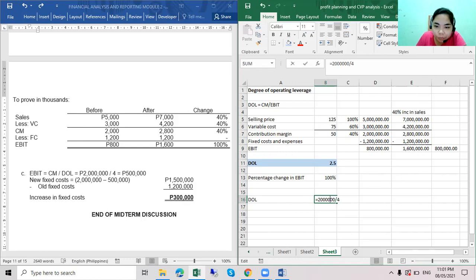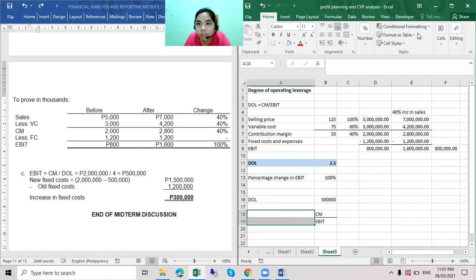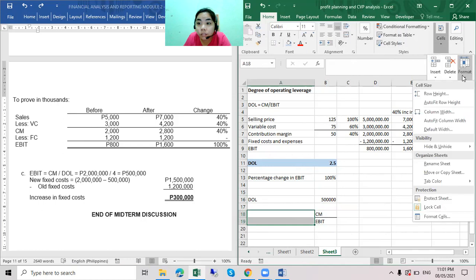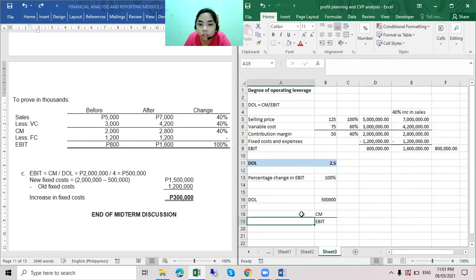Mani klaso. Pareho. CM para makita nyo class EBIT. Merge. Hindi ko makita si merge. Din si merge.